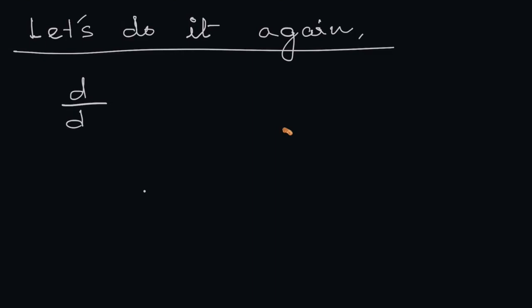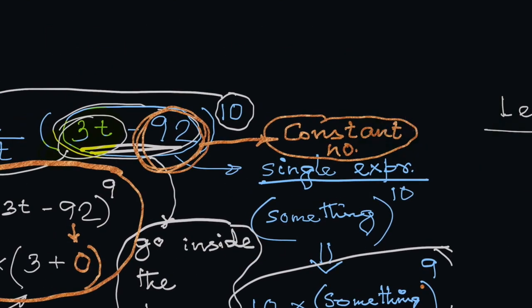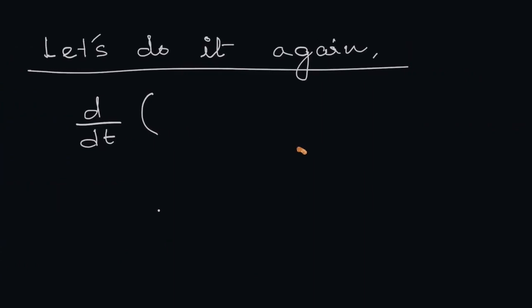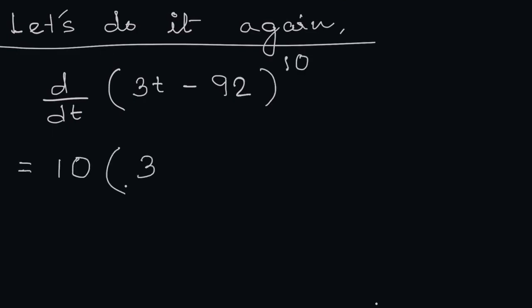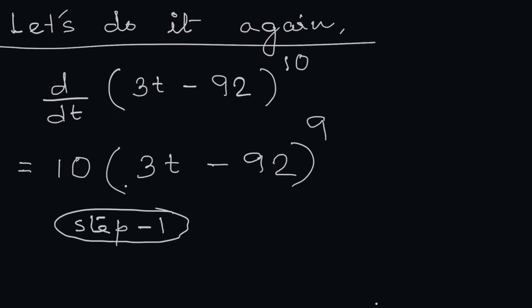And now try to understand the two parts. So d/dt of the expression 3t minus 92 whole to the power 10. Now differentiation of this will give us 10, 3t minus 92 whole to the power 9, step 1.